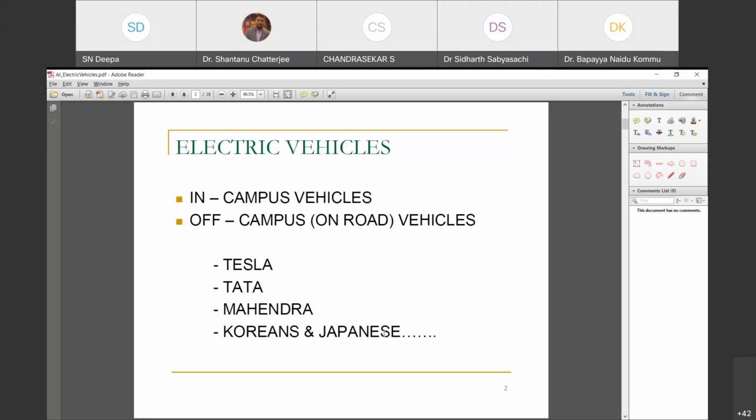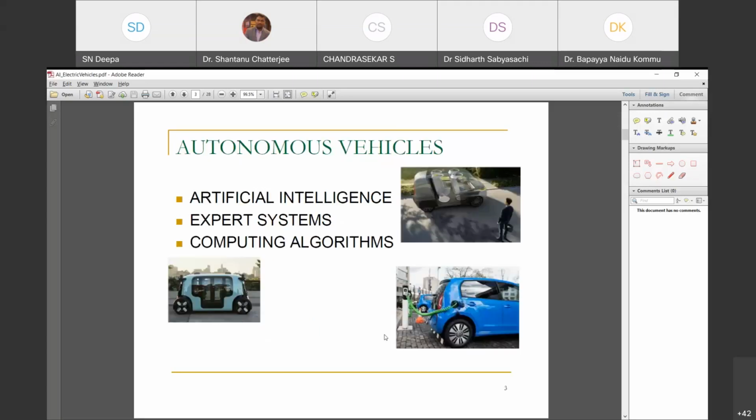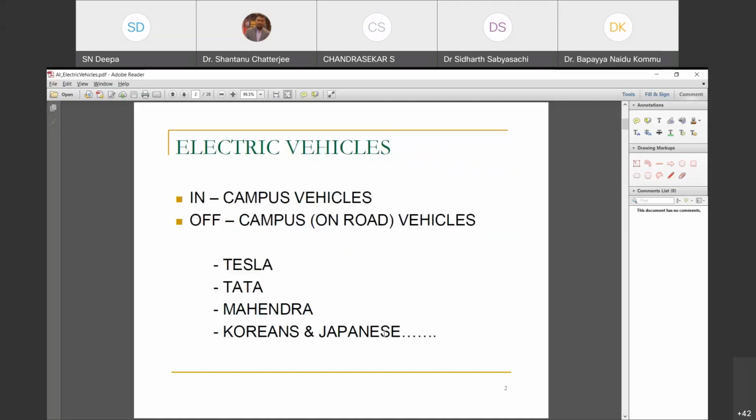If you see in this pic, it is not like 2 seaters or 4 seaters. There are big ones for utility movement. Several institutions use them within hostels for transporting food, for example, prepared in the boys hostel and brought to the girls hostel, or from the canteen to the department blocks. So electric vehicles are being widely used.